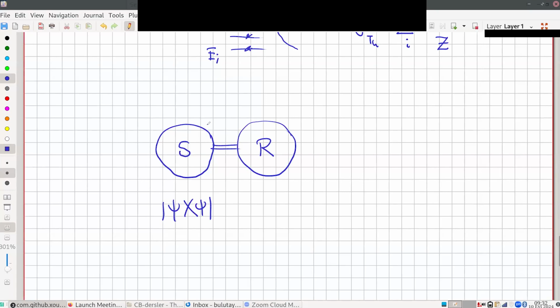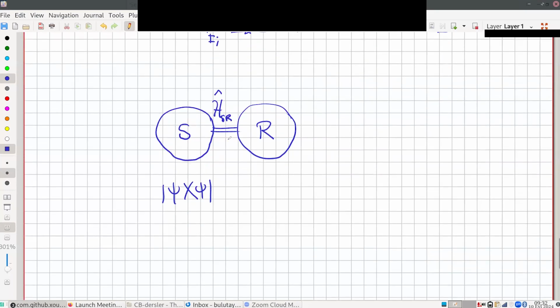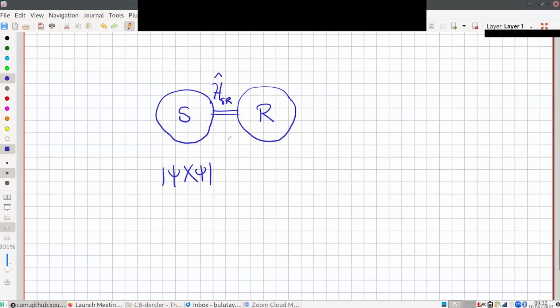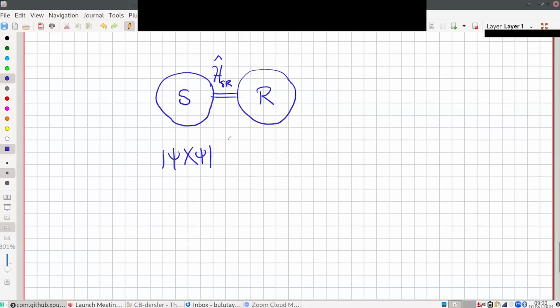So if these are in contact because of some interaction, some Hamiltonian that links your system degree of freedom to the reservoir degree of freedom, then you have this mixed state business. It comes about through this. Your reservoir is in another pure state, actually.